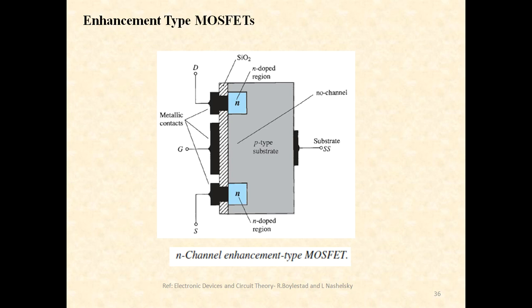So that's the construction of an enhancement type MOSFET. The only difference is that here we do not have a channel. This is the same source, same drain. There is no channel present here. It has to be created, right?